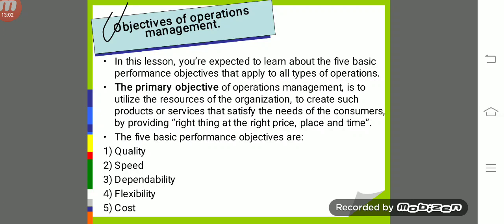The production manager has to decide which point depends on what, or in which direction. Like machinery 2 depends on machinery 1, and machinery 3 depends on machinery 1 as well as machinery 2. Because if machinery 1 does not provide its finished goods to machinery 2, then machinery 3 will not get its raw material. So dependability is also there.